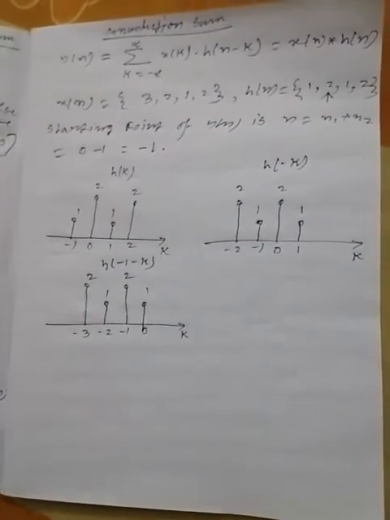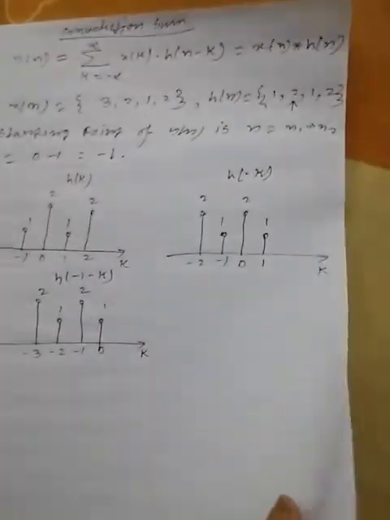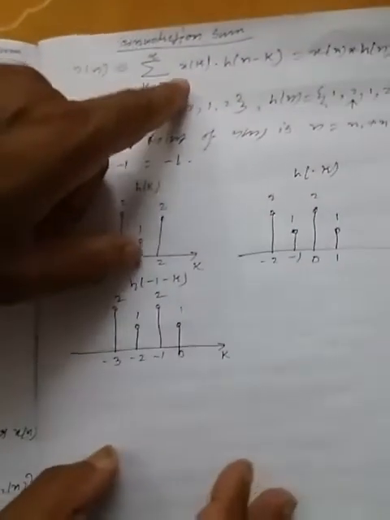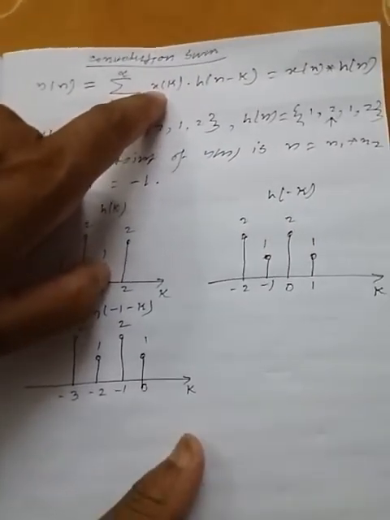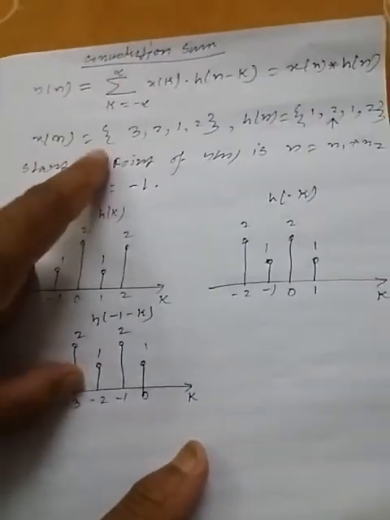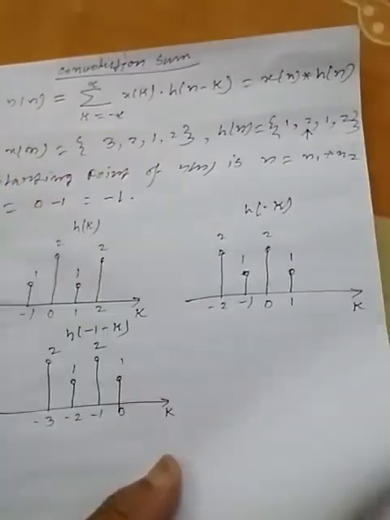Now we have to draw the graph. Let us take this page for the graph. At first you have to draw x[n] or x[k], because in the formula at first there is x of k. The elements are 3, 2, 1 and 2.